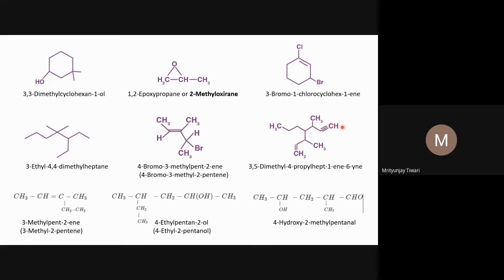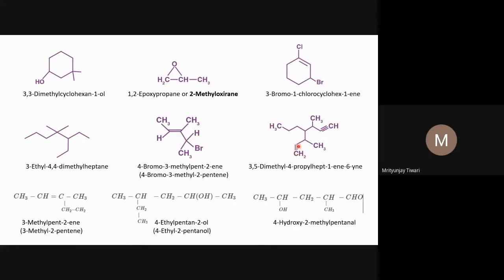So this longest chain contains 7 carbon atoms, and the substitutions are at the second and third positions. Here also, 1, 2, 3, the substitution starts at the third position. This is the common position for both directions. So the numbering will be done in that case from this side, because from this direction the triple bond is at the first position.